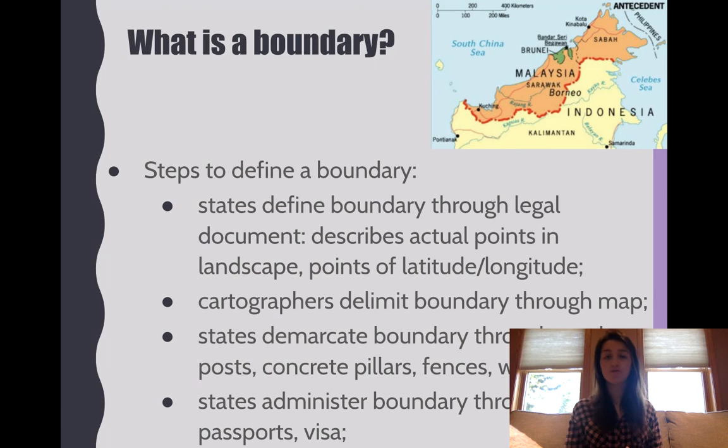Those are all boundaries, and cartographers put those boundaries depending on legal agreements made between states. It's really up to the state how they choose to enforce their boundary. Either they can have very strict enforcement where you see walls, checkpoints, police officers or border patrol, or you have very loose boundaries where you could actually drive or walk through the boundary and you would never know that you're crossing a boundary.